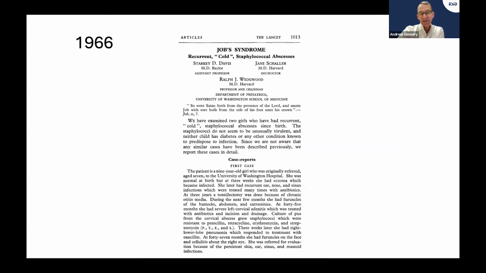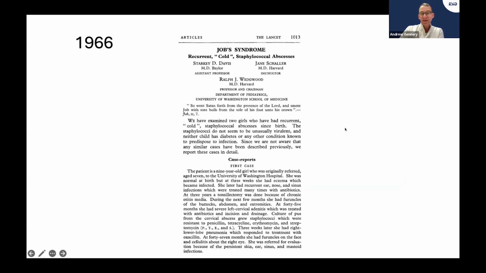So my task is basically to teach you about the history of Job syndrome. It is called Job syndrome because Davis, Schaller, and Wedgwood coined the term from the citation in the Bible that Satan went forth from the presence of the Lord and smote Job, the biblical character Job, with boils from the sole of his foot to his head because he was faithful to God.